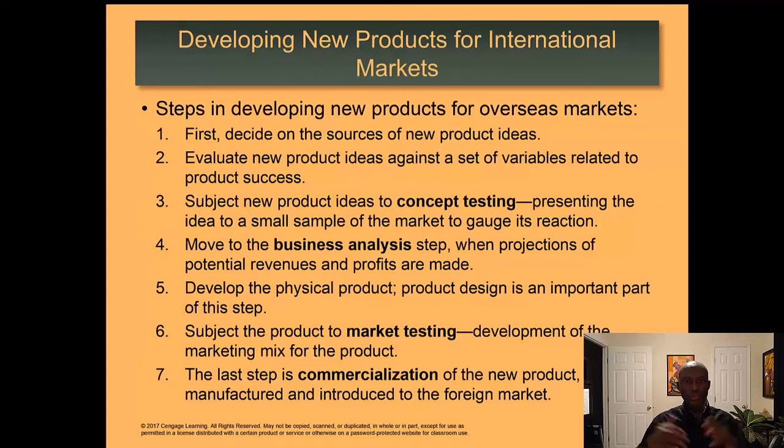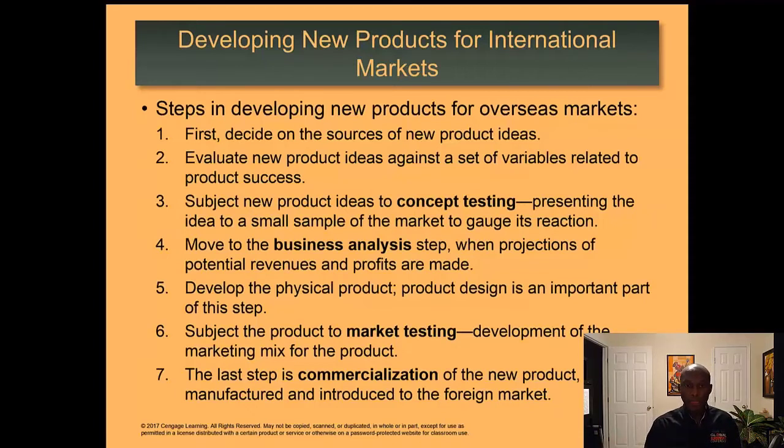But the first one is you develop ideas. That's obvious. You screen those ideas. You look at the ideas you have, you evaluate them and you screen them. And then you begin to test the ones that you have chosen. And then you start crunching the numbers. You look at obviously revenues and profits. Is this thing profitable?